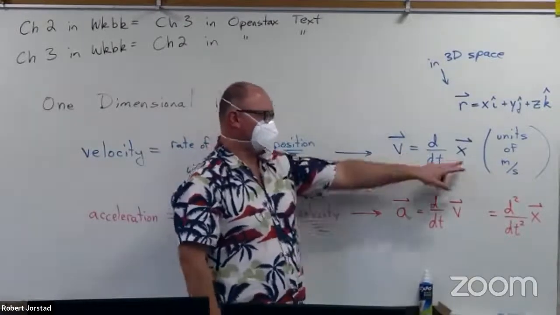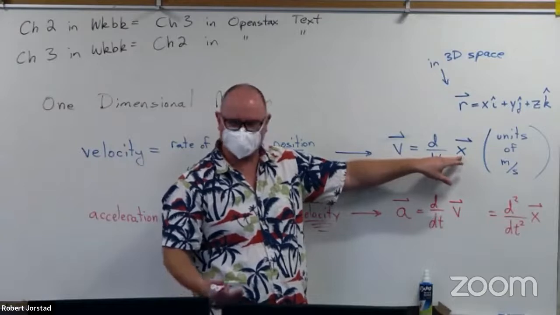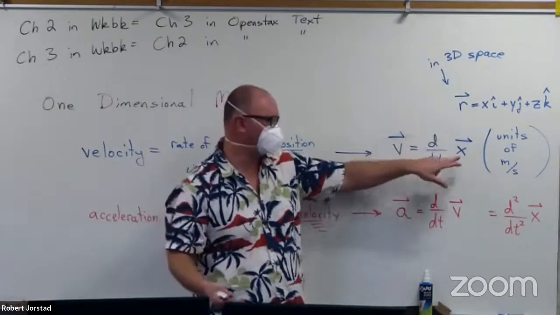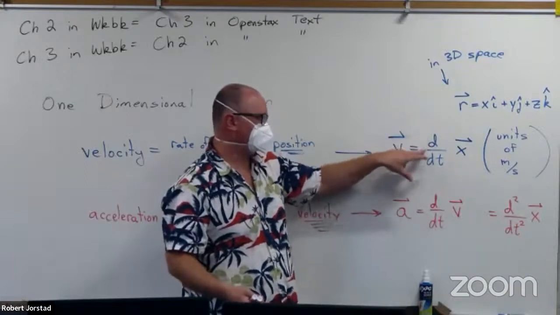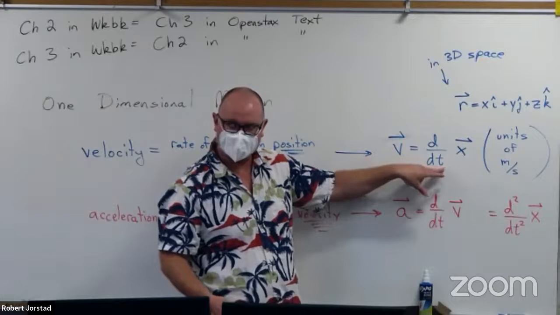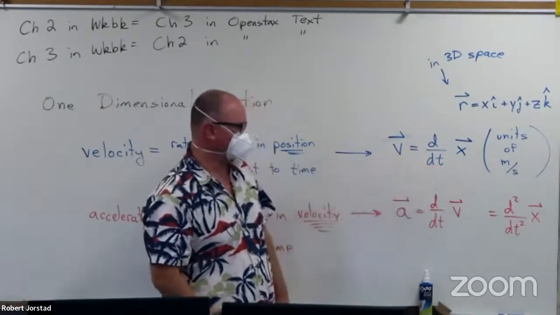Look at this equation here, this top one, right? x is usually a distance or a position or something that's measured in meters, right? These d's don't have any units, but dt, that's a small amount of time, that's seconds. So here you can see it again.